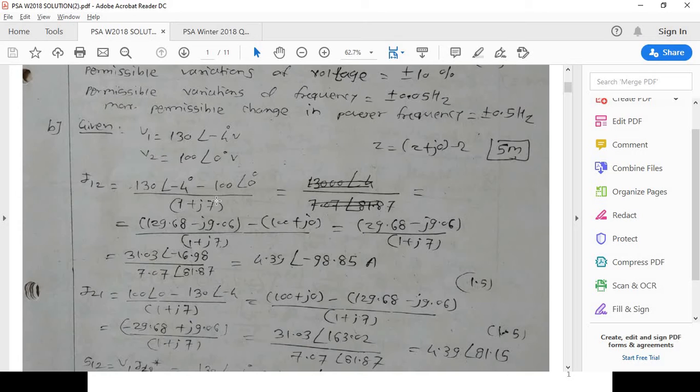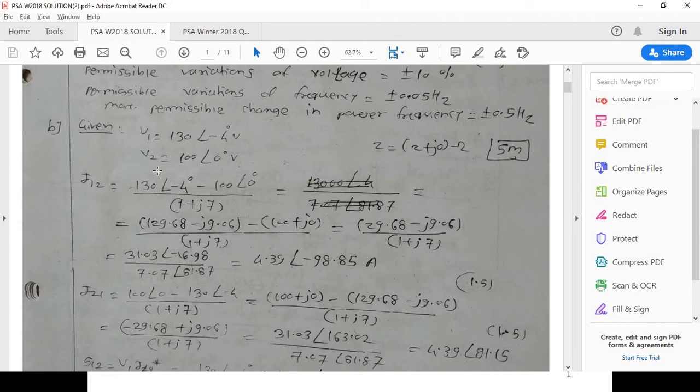But we have the idea that addition and subtraction are done in rectangular form, and for multiplication and division there is a requirement of polar form. So for the values given in polar form, first of all we have to do the subtraction.